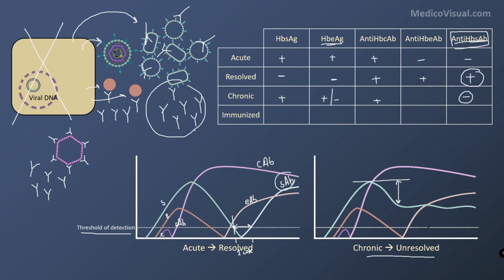If it is not present, it means the virus is living inside the cell in a secret fashion. It is very slowly replicating. And whatever small amount of E antigen that it produces will be quickly neutralized by E antibodies.